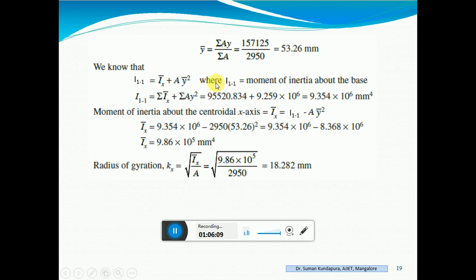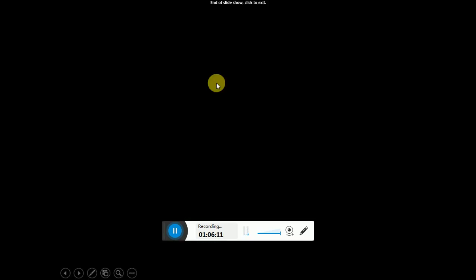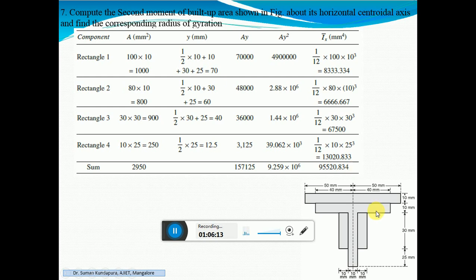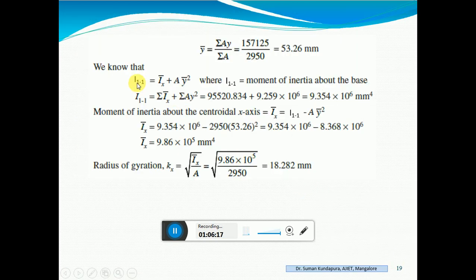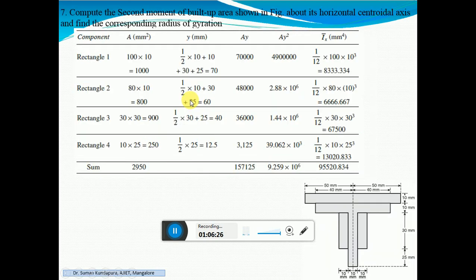So moment of inertia about the base, if you consider the base here as the reference axis I11, so I11 is equal to summation Ix bar from the tabular column plus summation Ay square, that is 95,520 plus 9.25 into 10 raised to 6. You will get I11, the moment of inertia about the reference axis.